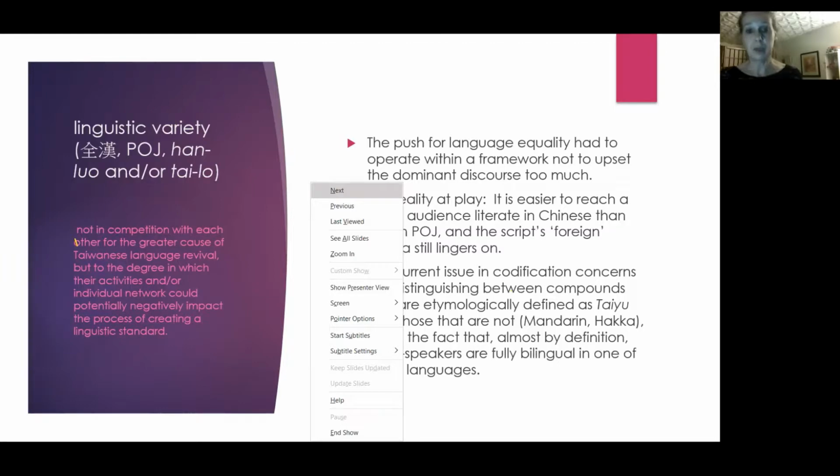Another issue current in codification is that in general most of the speakers are bilingual, fully bilingual in both languages.